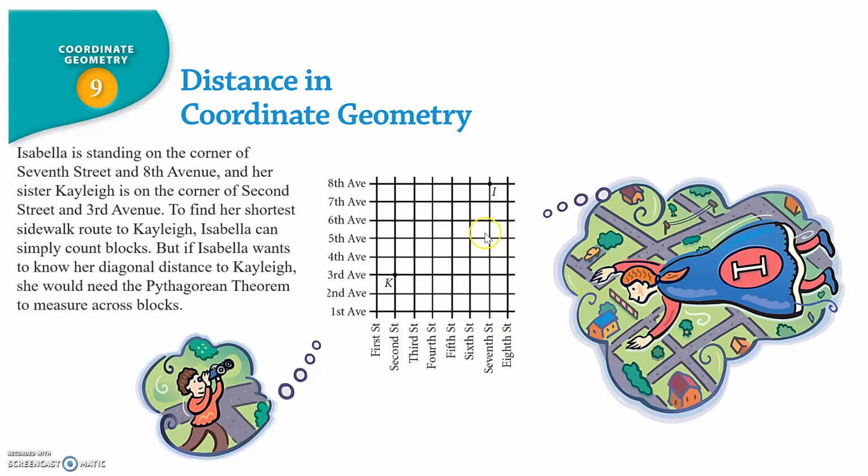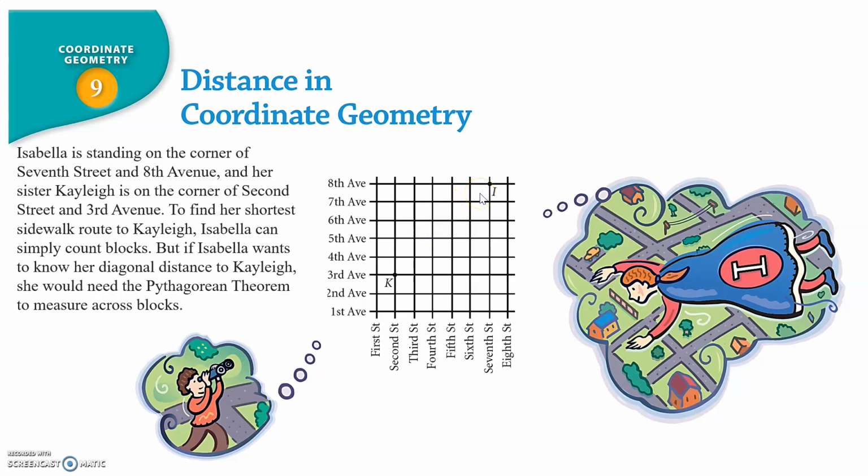Okay, so let's start out. There's a person named Isabella, and she's standing on the corner of 7th Street and 8th Avenue, and her sister Kaylee, here at K, is on the corner of 2nd Street and 3rd Avenue. To find her shortest sidewalk route to Kaylee, Isabella can simply count blocks.